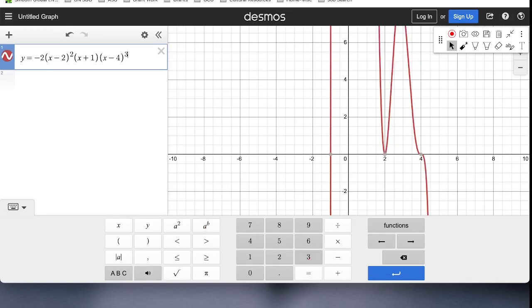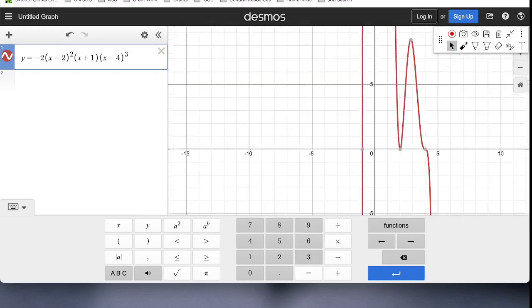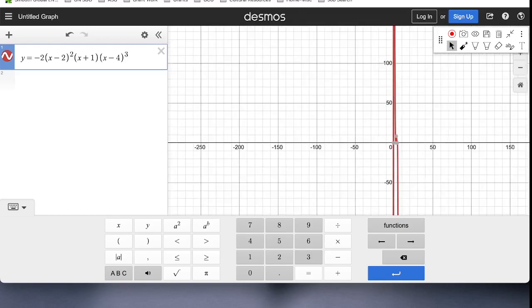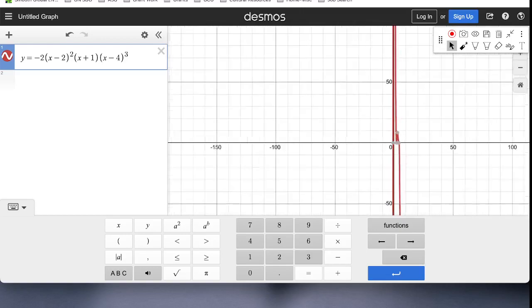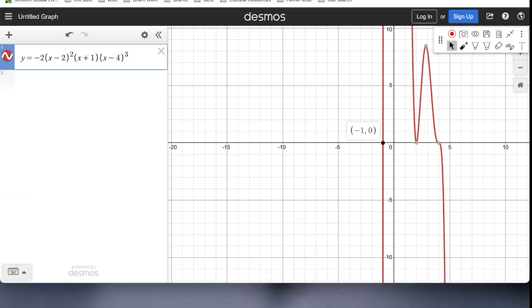And we see I was pretty close. Let's see if I come down. Again, the size of the, wow, that goes way up there. Yeah, it's hard to see. But yes, it's coming down from below, goes straight through at negative 1, sort of kisses the x-axis at 2, bounces, touches, and goes up.